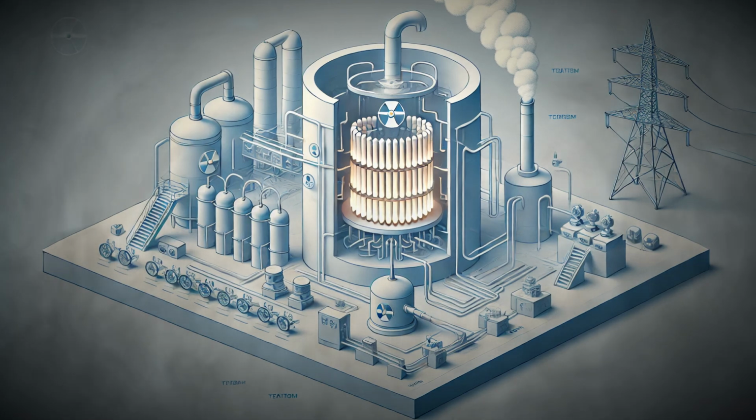Gas-cooled reactors use helium because it is chemically inert and does not become radioactive easily. Regardless of the chosen coolant, the underlying principle remains constant. The coolant must move heat from the core to the turbines while keeping the reactor stable.